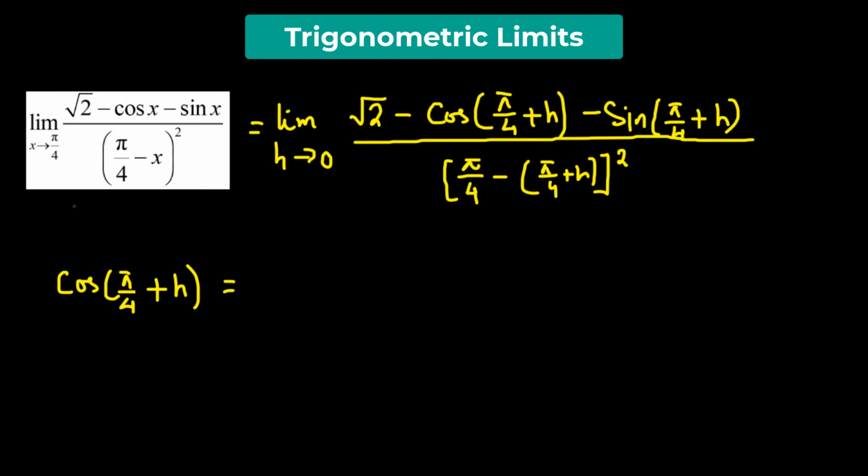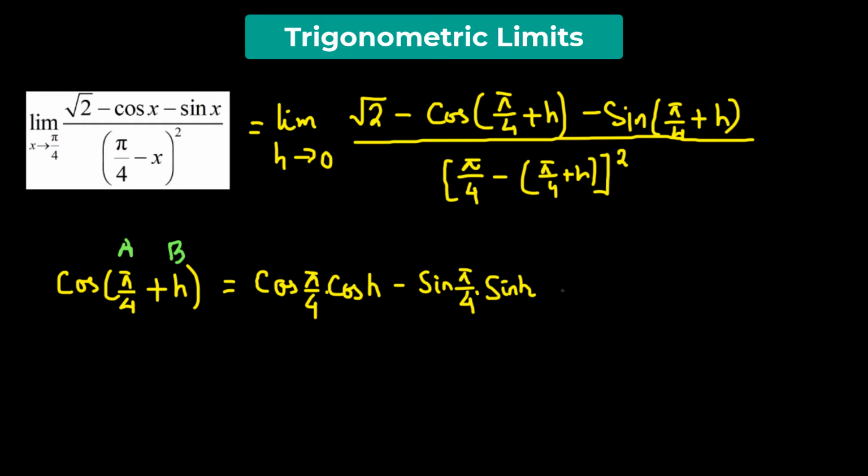If pi by 4 is a and h is b, then we have cosine of a plus b, which can be expanded as cosine of a times cosine of b minus sine of a times sine of b. So using that, we'll have cosine of pi over 4 times cosine of h minus sine pi over 4 times sine of h.